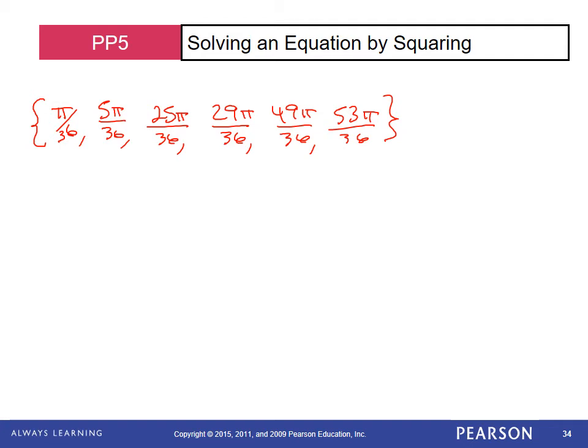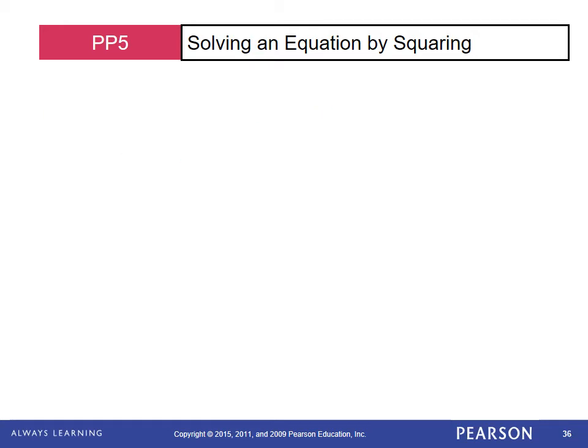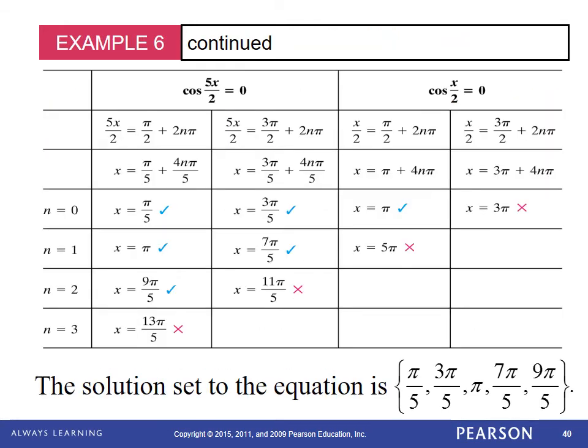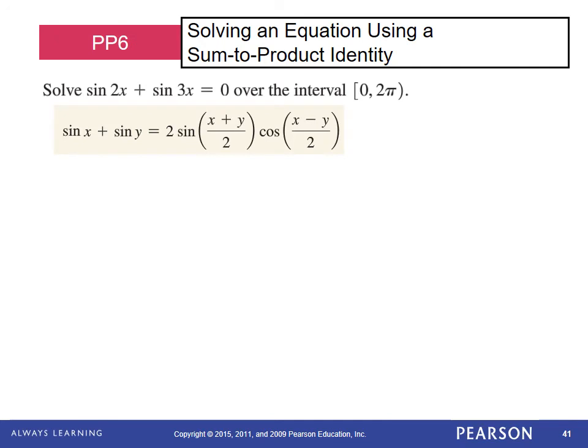There's another one that's kind of set up like this, with a slight difference. So let's see if we can handle this. All right, let's see if I got this here. So this is going to be 2 sine of, isn't it, 2x plus 3x over 2?